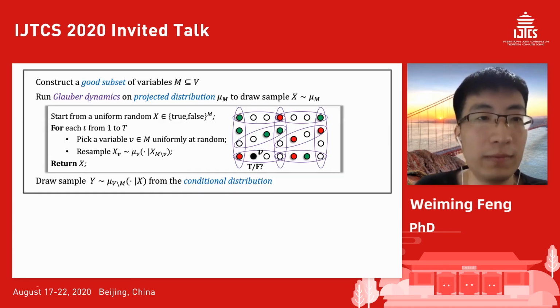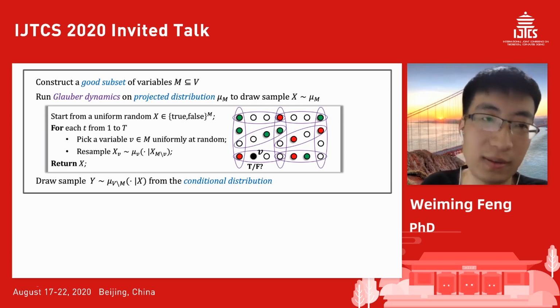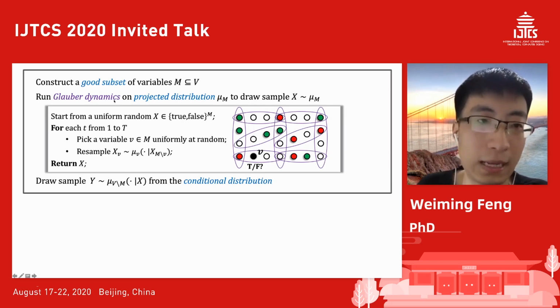Now, our algorithm first constructs a good subset of variables. We call this subset of variables M. Then we use global dynamics on the projected distribution mu_M to draw a random sample from the distribution mu_M. Here, mu_M is the marginal distribution on M projected from the uniform distribution mu. The global dynamics for mu_M is naturally defined.